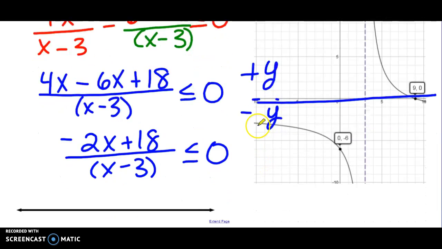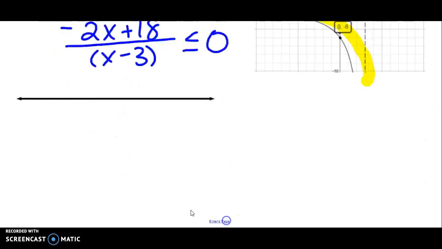So we would want the values of x here and here, because those all lie below the x-axis or in the negative y region. Here's how we find those values, by using our critical values and our signs.